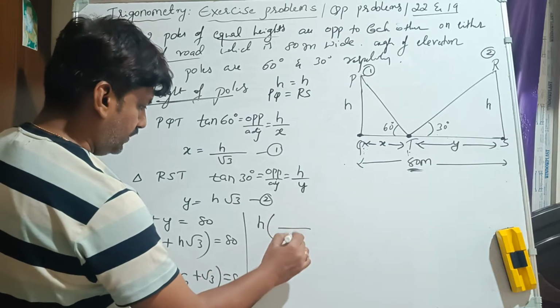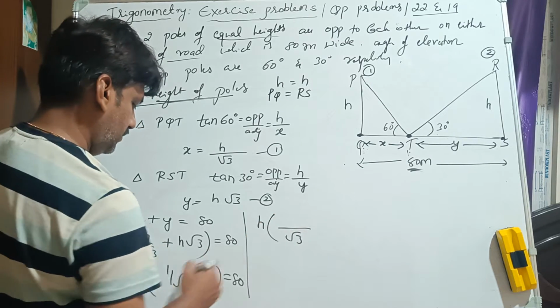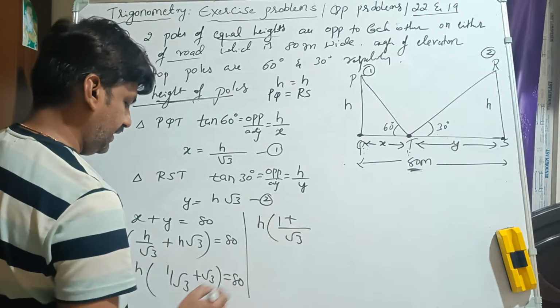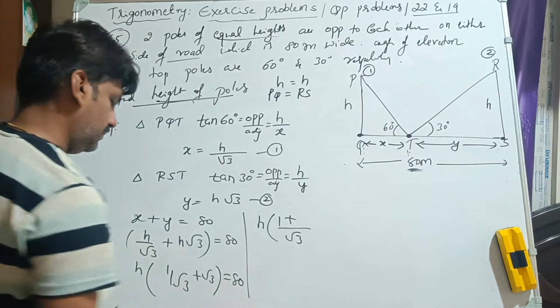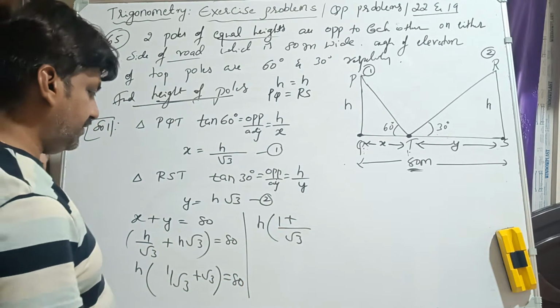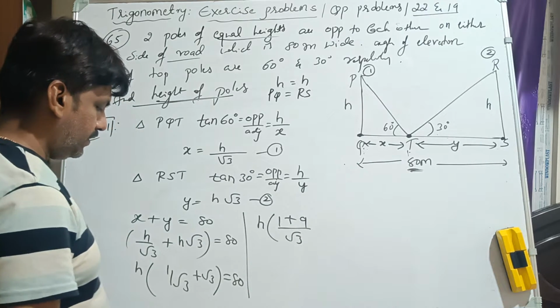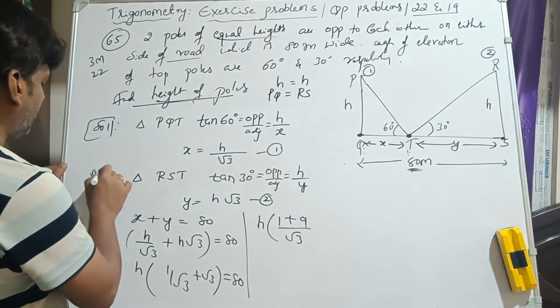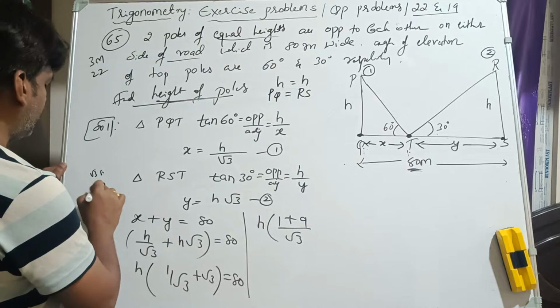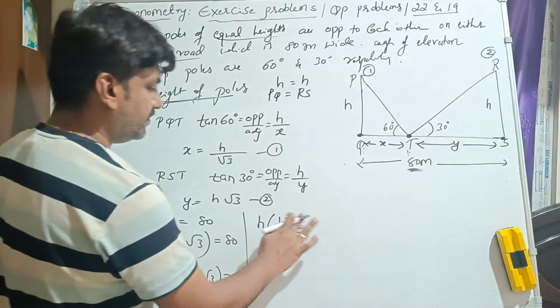Root 3 is the LCM. So here (1 plus root 3 into root 3), and root 3 into root 3 is root 3 squared. Square and root get cancelled, so you end up with 3.